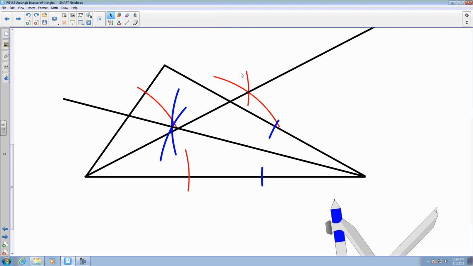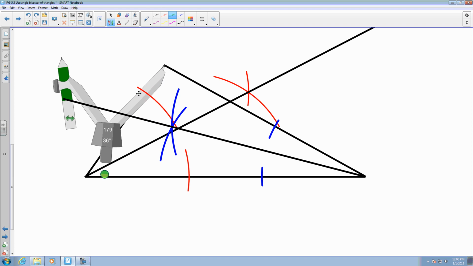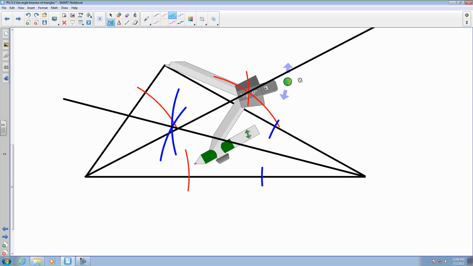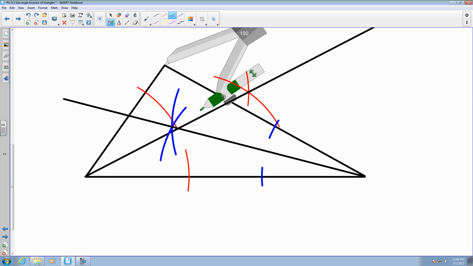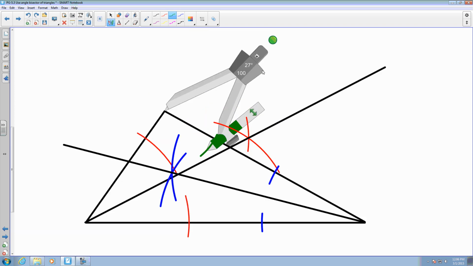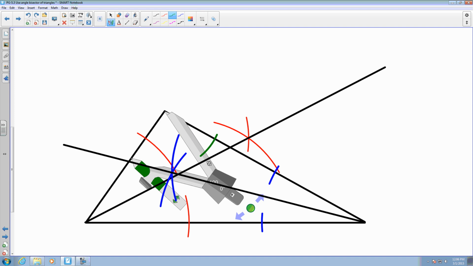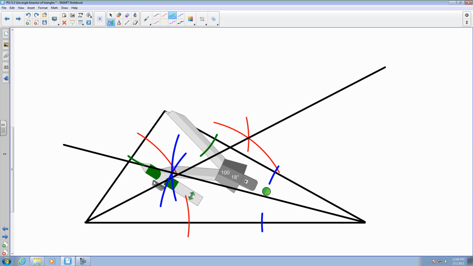And it looks like right now it has the center point to be right there, but I need to show one more bisector, and this angle comes from over here. So finally, I'm going to shrink it just a tad, go over here, and over here.